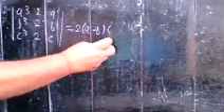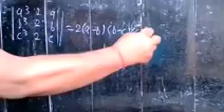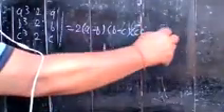Next question. Prove that the determinant with rows A cube, B cube, C cube; 2, 2, 2; and A, B, C is equal to 2 times (A minus B)(B minus C)(C minus A) into (A plus B plus C).